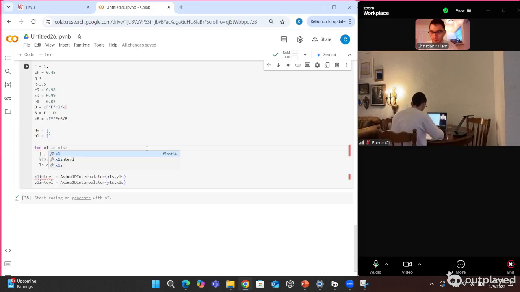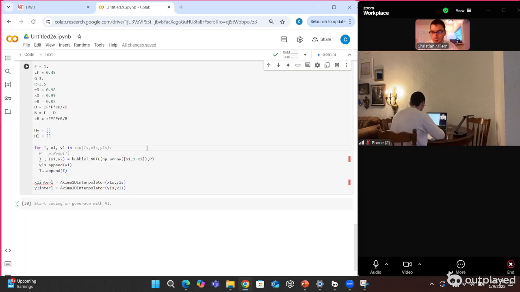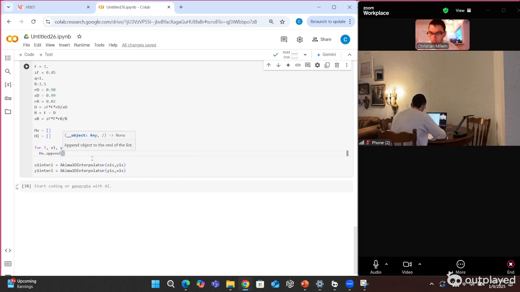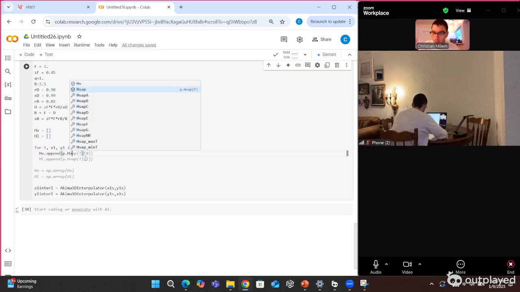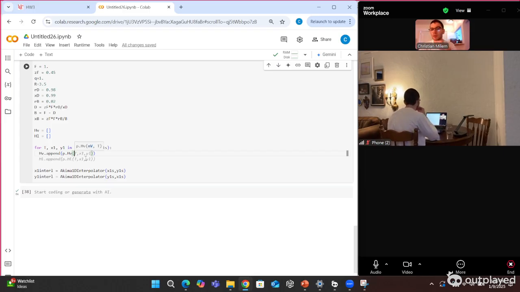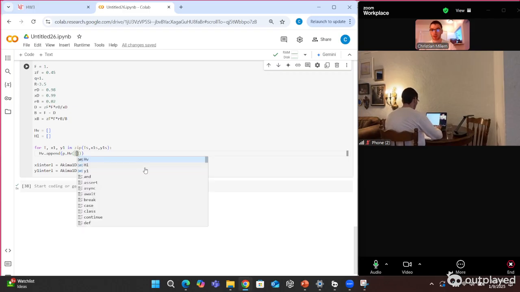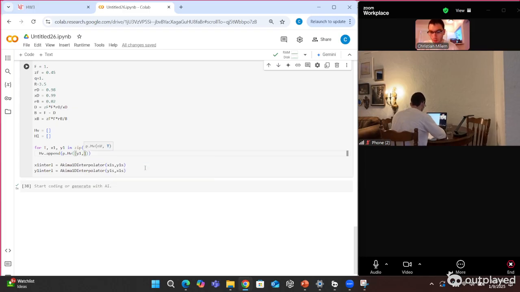For X1, T, X1, Y1, it would be appending, the HV dot append. If it's V, we want Y1. We need our value for T as well.